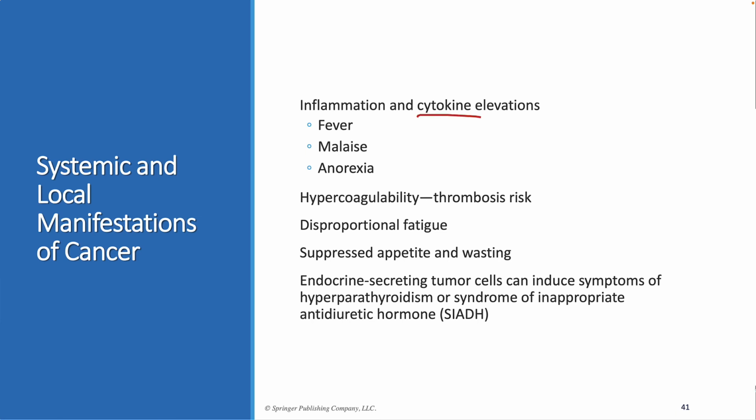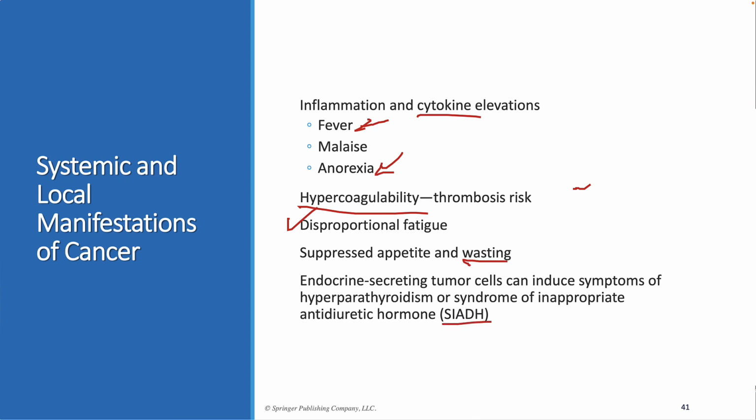We talked about cytokines and how they influence things like fever, anorexia, etc. They also have an influence on hypercoagulability, and that's why some patients with cancer end up having DVTs. There's disproportional fatigue because it takes energy for all those cancer cells to reproduce. There's suppressed appetite, wasting syndrome, and sometimes we can have endocrine-related problems like SIADH.